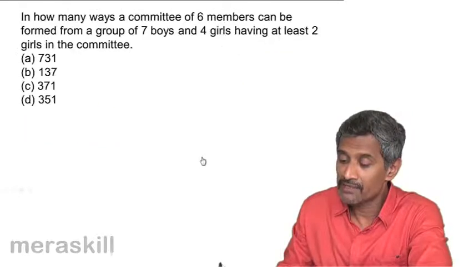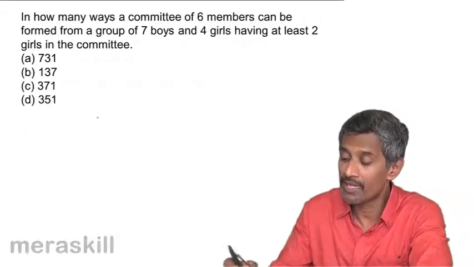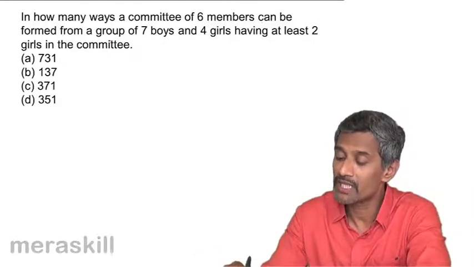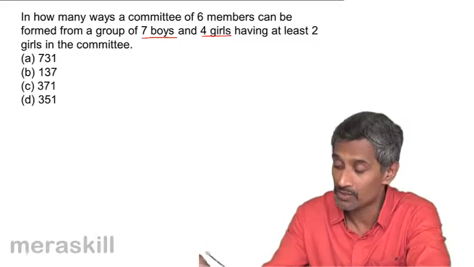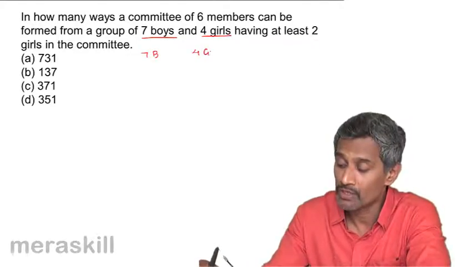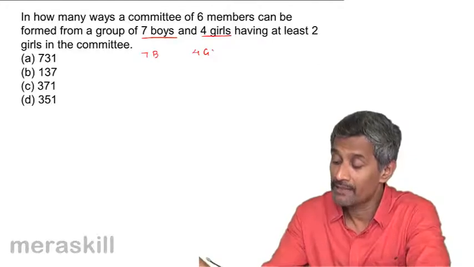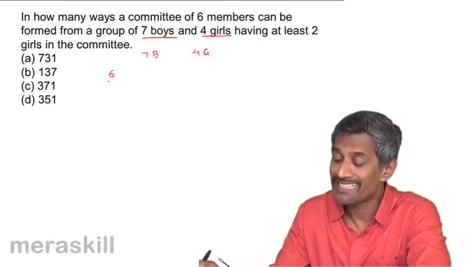What do we have as the next sum? Okay. So in how many ways can a committee of 6 members be formed from a group of 7 boys and 4 girls? So there are 7 boys and 4 girls, and a committee of 6 has to be formed, having at least 2 girls.